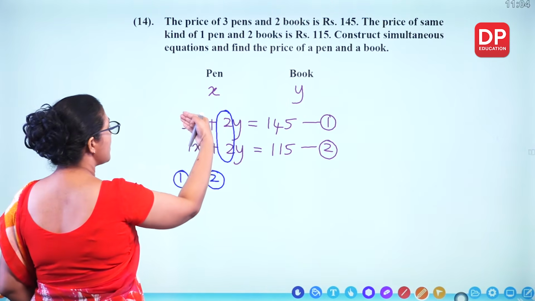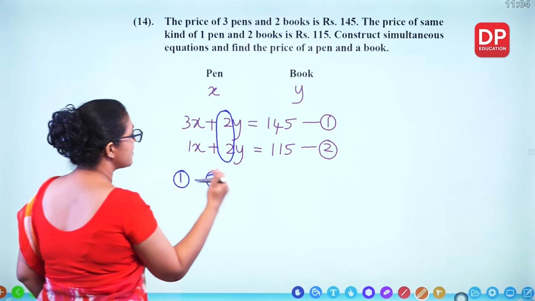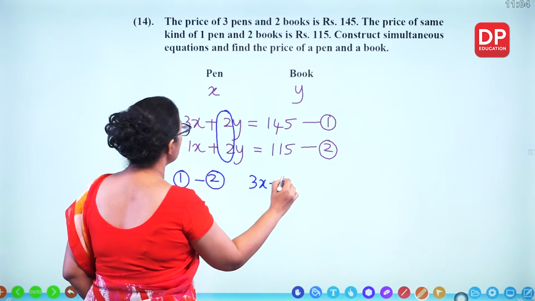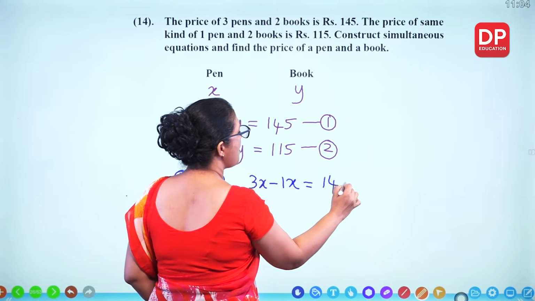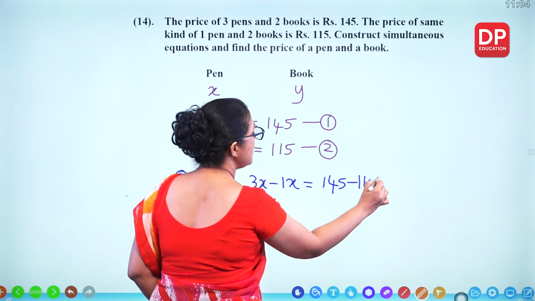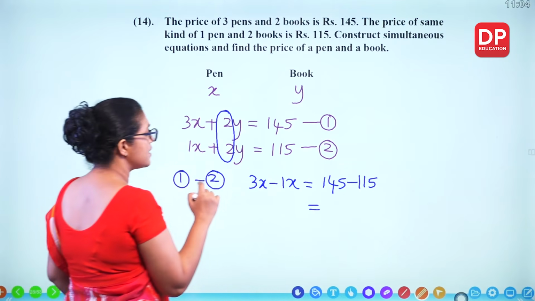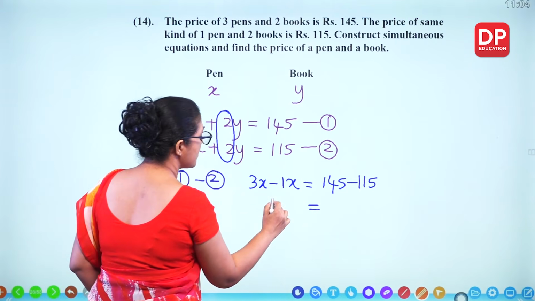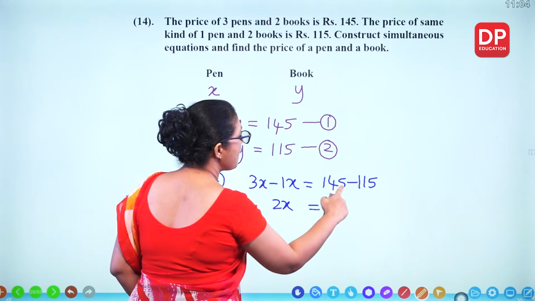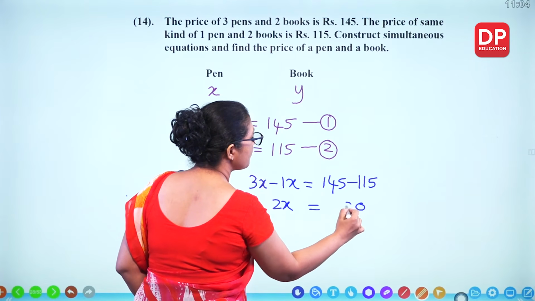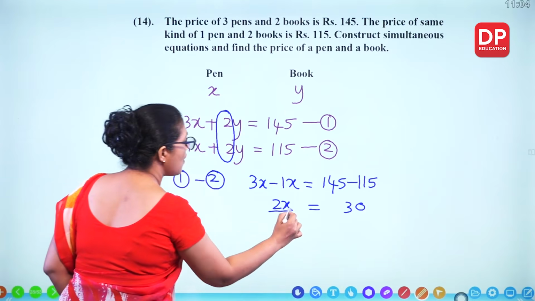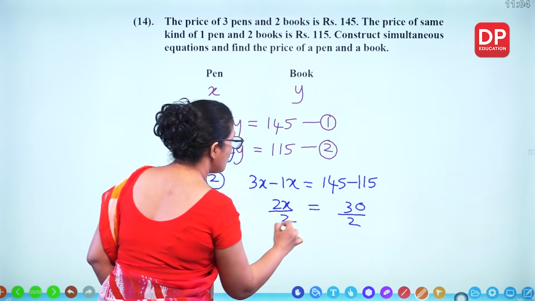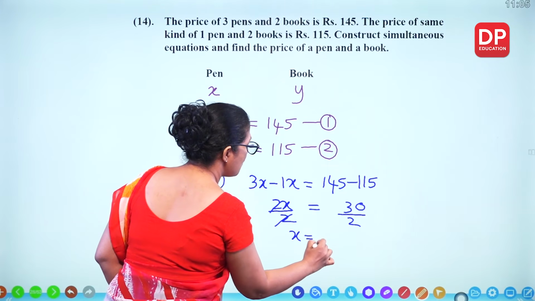Then you subtract 3x minus x on the left hand side, and 145 minus 115 on the other side. 3x minus 1x is 2x. Here when you subtract, you get 30. Divide this by 2, you get x equals 15.